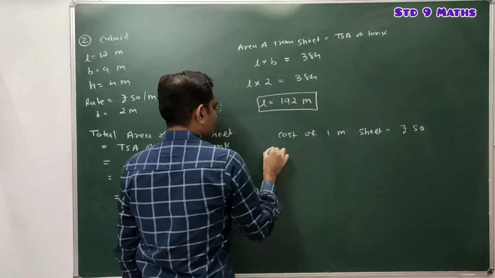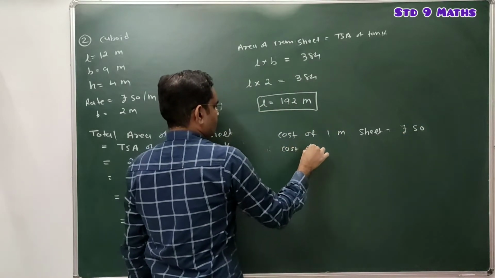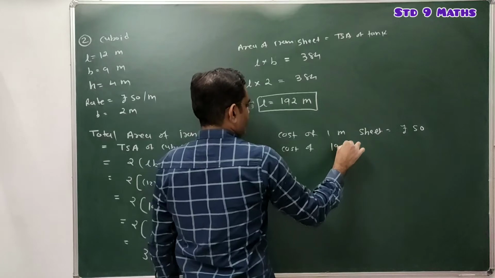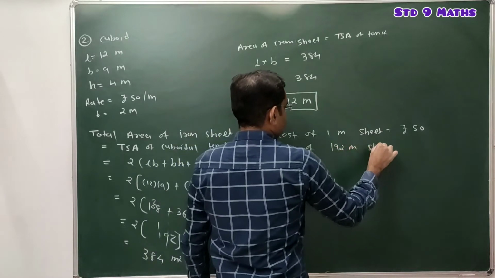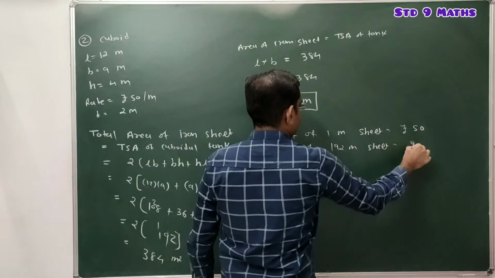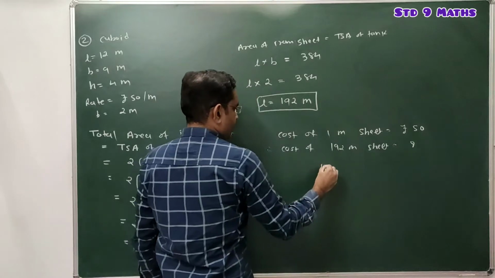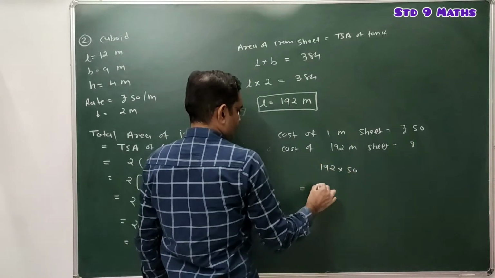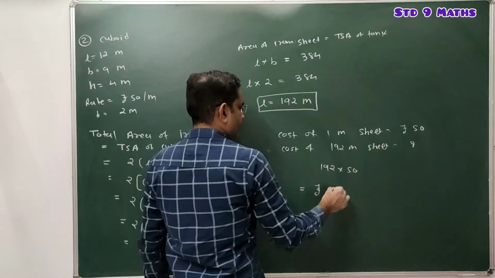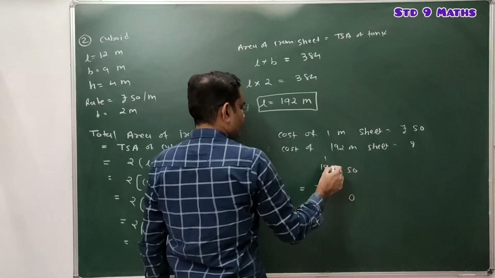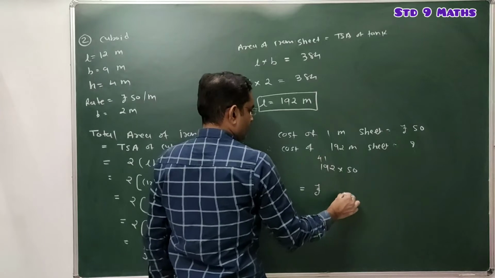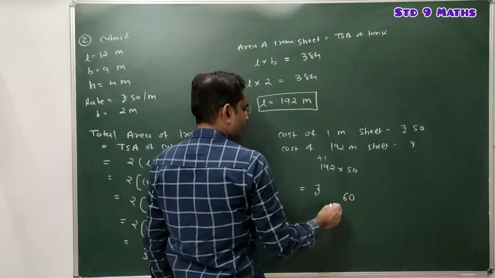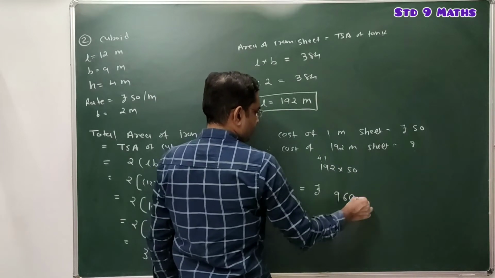So what is the total cost of 192 meter length of sheet? It's 192 into 50. So total cost is 5 2s are 10, 5 9s are 45 plus 1 is 46, 5 1s are 5 plus 4 is 9 and 1 zero.